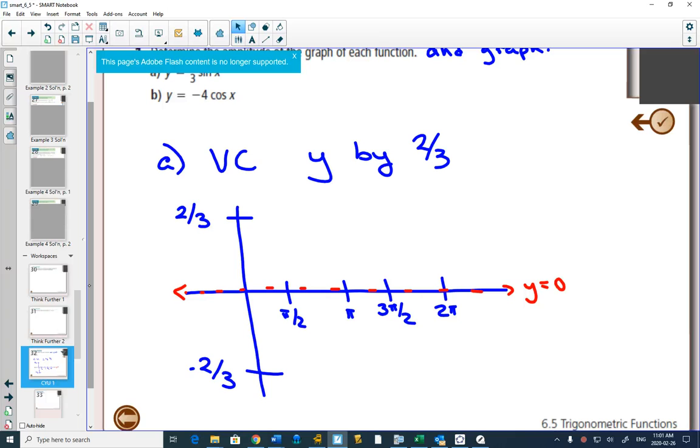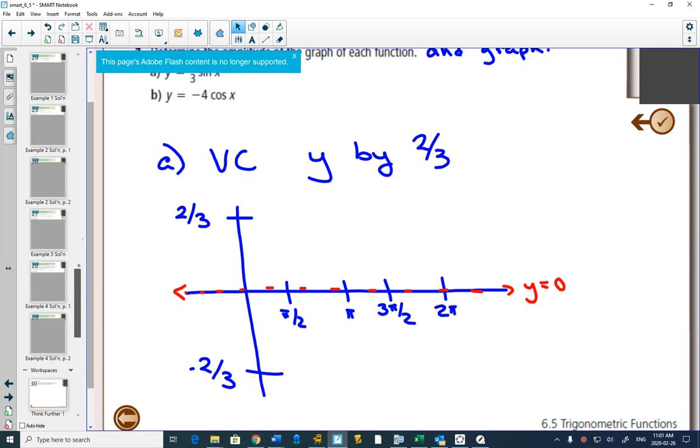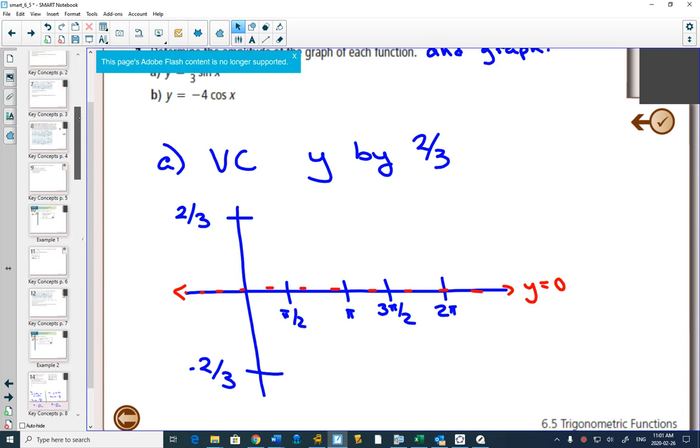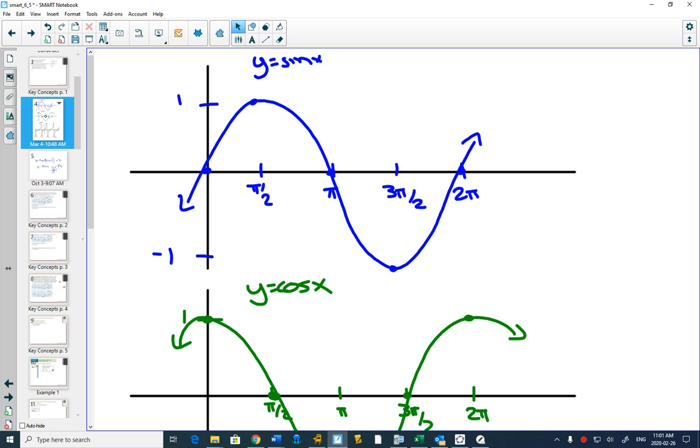Now you're going to hear me talking about where does a sine graph start? Okay? So if we go back to our pictures that we drew earlier, our sine graph started at 0 going up. But even more specifically, we're going to talk about it starting on the center line going up.